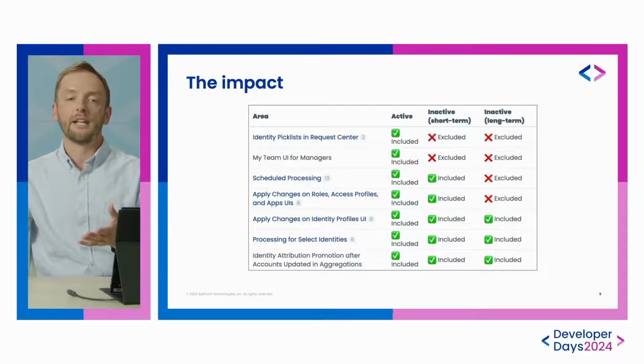You define the lifecycle state logic, of course, but we're running these jobs each day, twice a day, so that we can move people between the lifecycle states naturally and keep your business running. So for that reason, actives, of course, are going to be included in scheduled processing, and so are inactives for the short term.